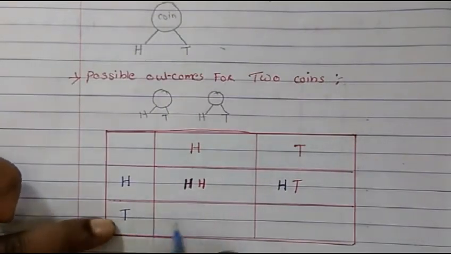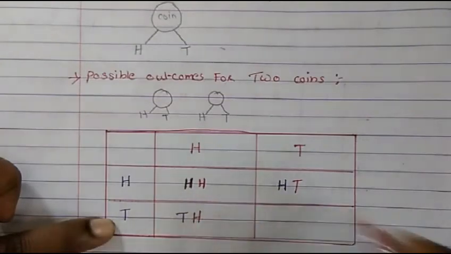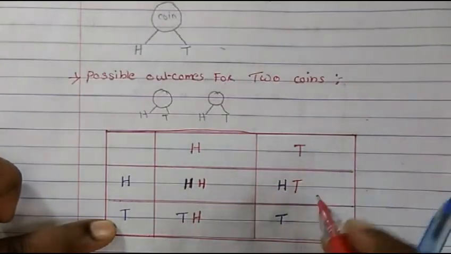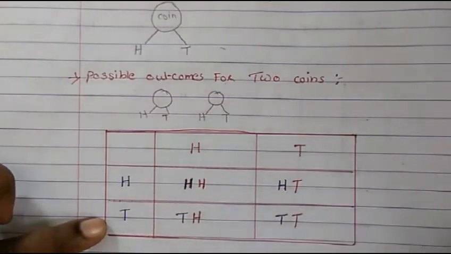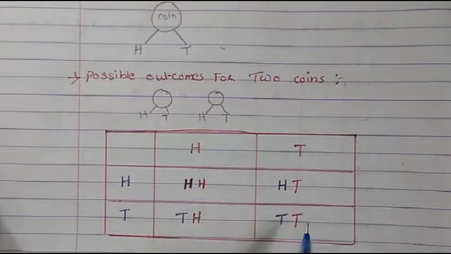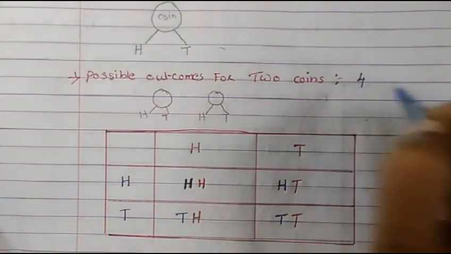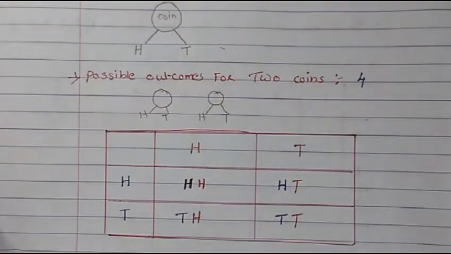And with tail, from the other coin, head could come, and with tail, from the other coin, again tail could come. So how many possible outcomes are there when two coins are tossed simultaneously? 1, 2, 3 and 4. So we have 4 possible outcomes when two coins are tossed.